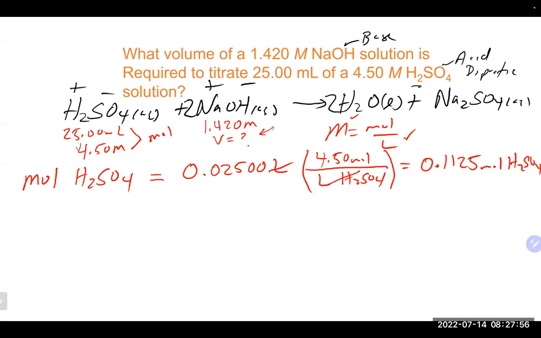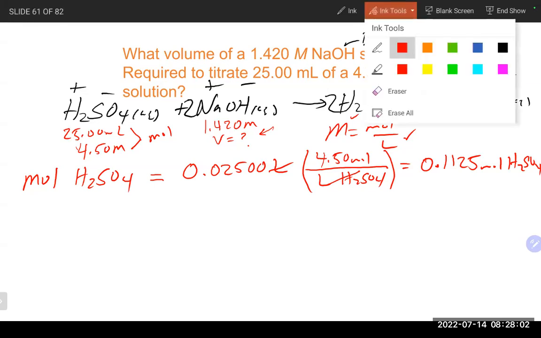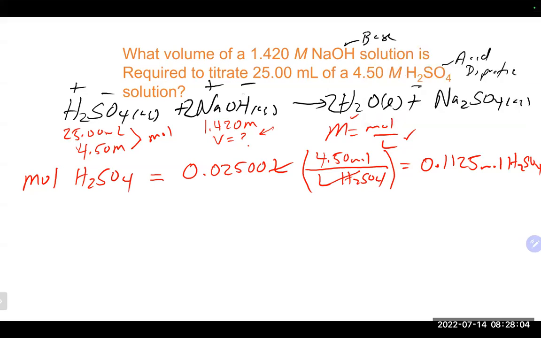So again, very similar to a regular stoichiometry problem. The difference here is how we get to moles: volume and molarity. Once again, we are not really interested in the H2SO4. We're interested in the volume of sodium hydroxide. The molarity of sodium hydroxide is moles per liter, and we are looking for the volume.